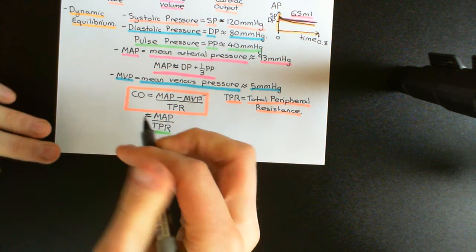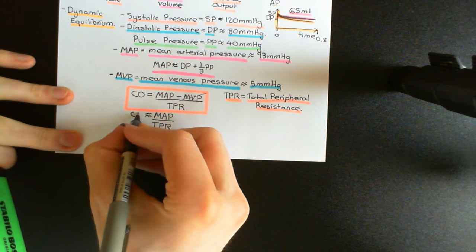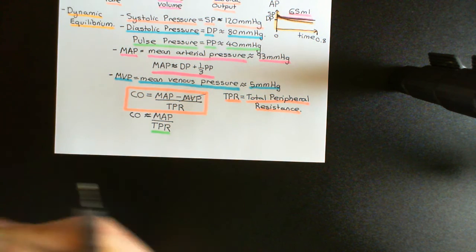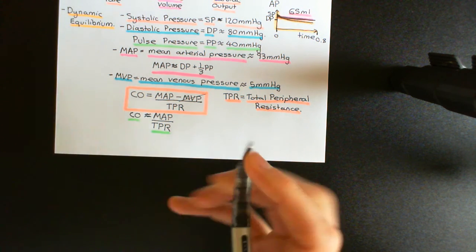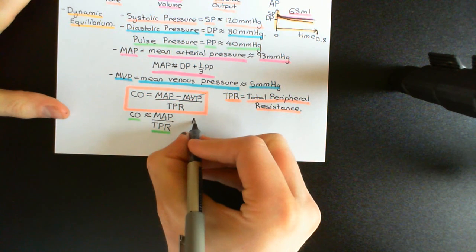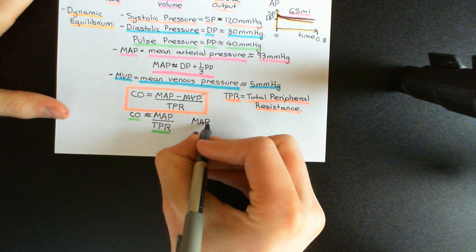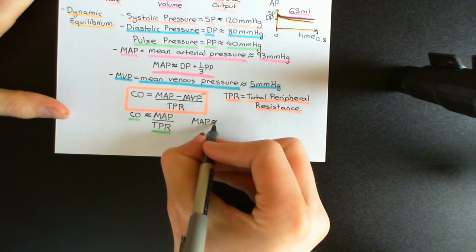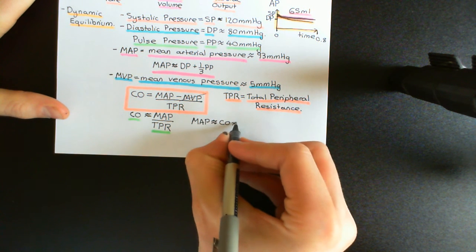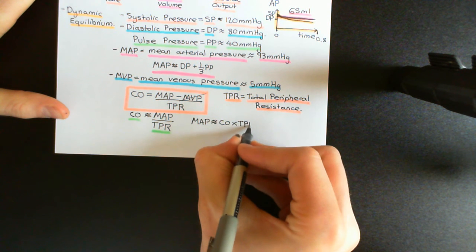Okay, and this is a really nice formula, because what we can do with this is now use a little bit of algebra here and rearrange this, and what we can get now is that mean arterial pressure therefore is approximately equal to cardiac output times total peripheral resistance.